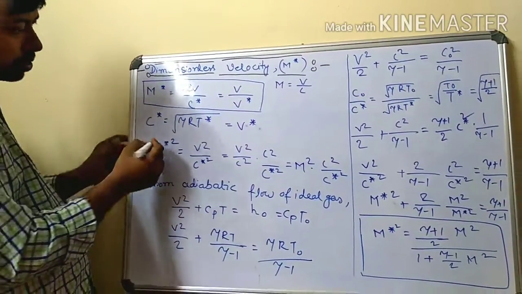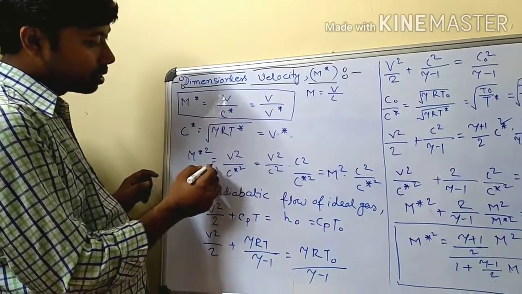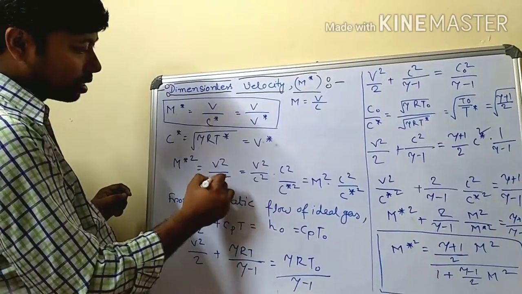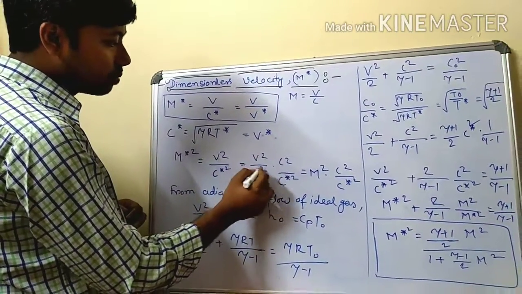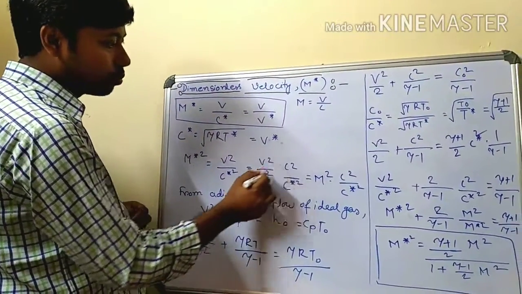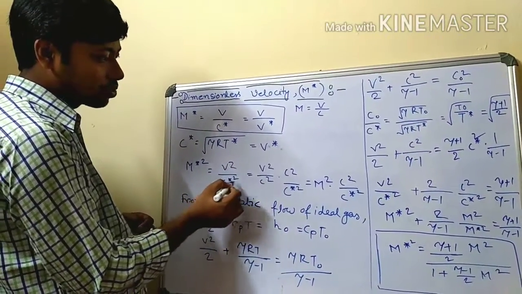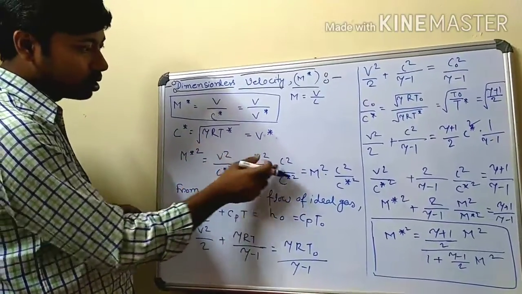Now, if you square that, M star square is equal to V square divided by C star square. Or it can be written as V square divided by C square into C square divided by C star square, so that both will be cancelled, and the equation will be the same. So V square by C star square. If the C square is cancelled, the equation becomes the same as this one.